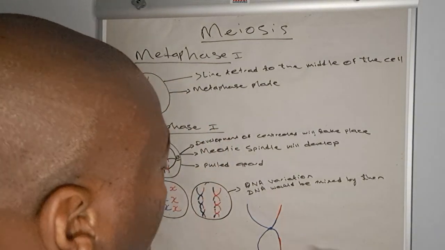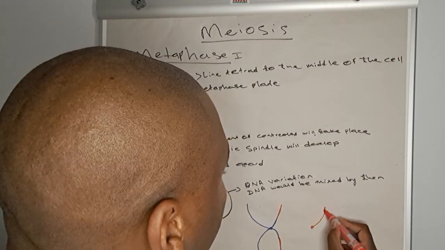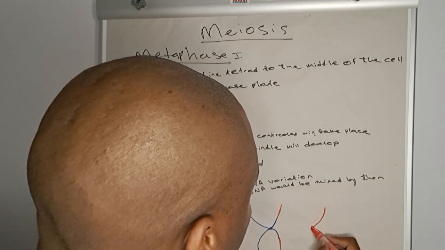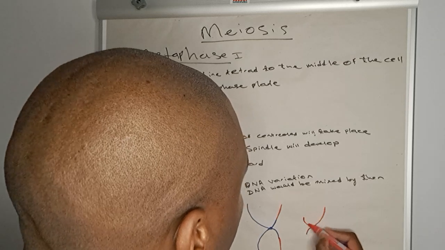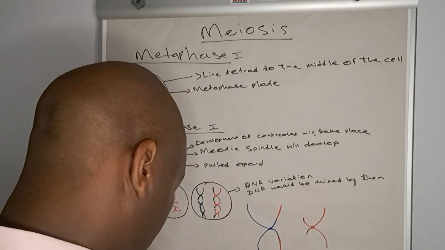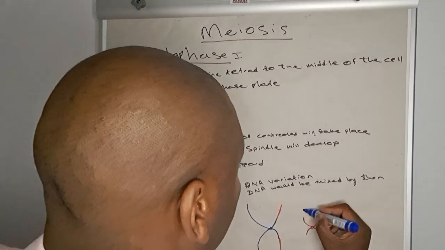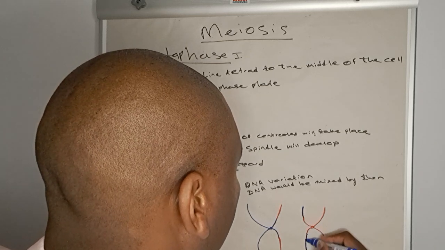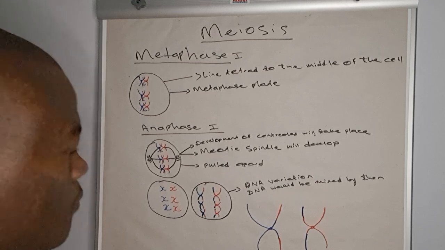As a result of that, here again, we're going to have something like this and something like this with something like this. Do you see the process now?